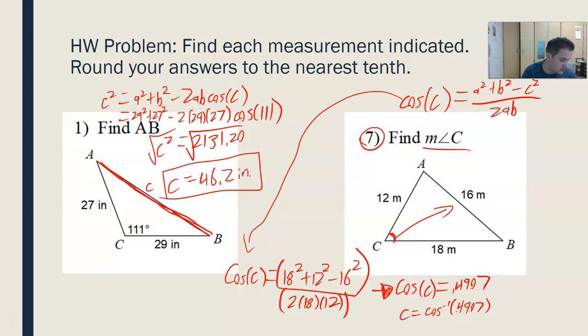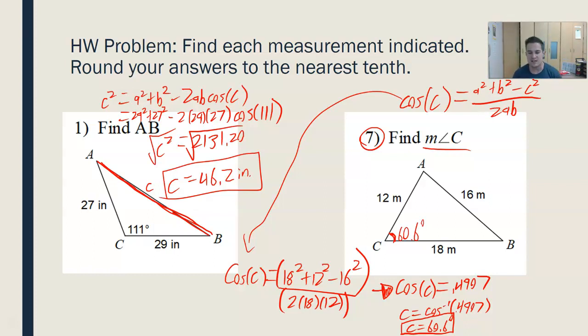The inverse cosine of 0.4907 ends up being 60.6 degrees. About 60.6 degrees. So this angle right here is 60.6 degrees, found using the law of cosines.